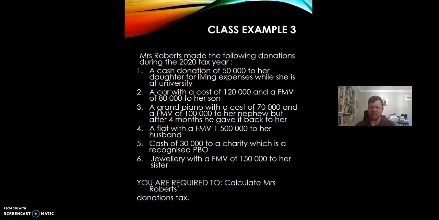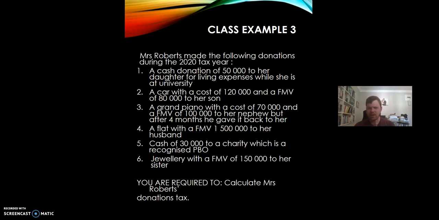Cash donation of $50,000 to her daughter for living expenses while she's at varsity, a car with a cost of $120,000 and a fair market value of $80,000 to her son, a grand piano with a cost of $70,000 and a market value of $100,000 to her nephew, but after 4 months he gave it back to her. A flat with a fair market value of $1.5 million to her husband. Cash to a charity of $30,000, which is a PBO, and jewelry of $150,000 to her sister.